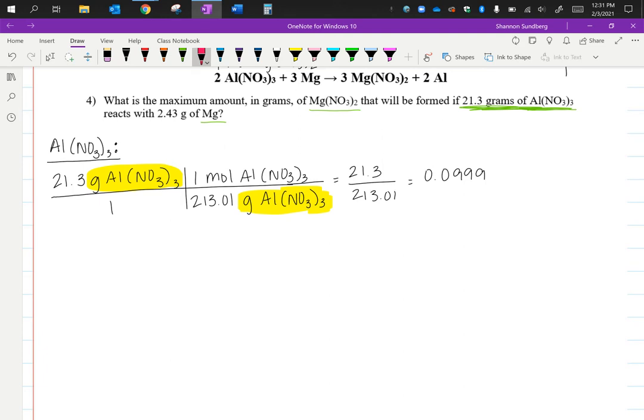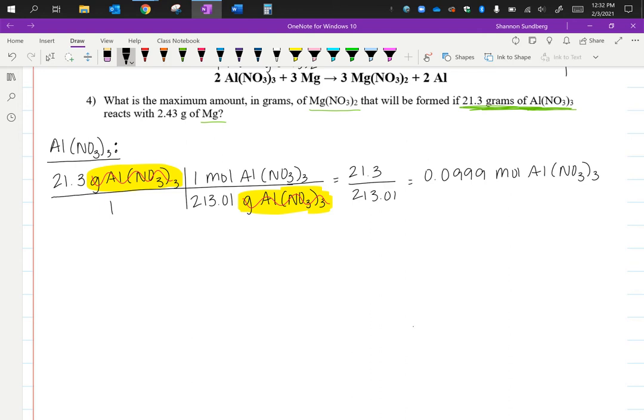And then these units, top and bottom, cancel. Okay, meaning my leftover unit there is moles of Al(NO3)3.